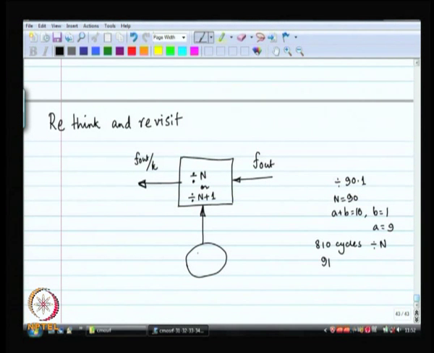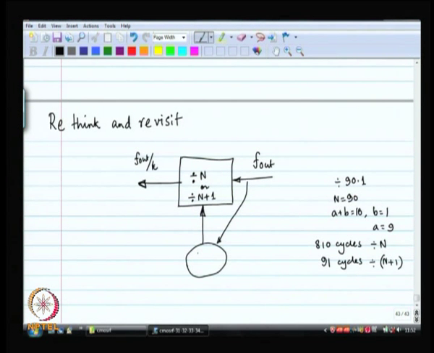Yeah, B is 1, n plus 1 is 91. So, for 810 cycles, it is going to divide by n, and for 91 cycles, it is going to divide by n plus 1. Okay.